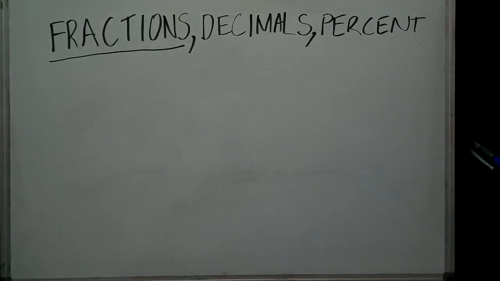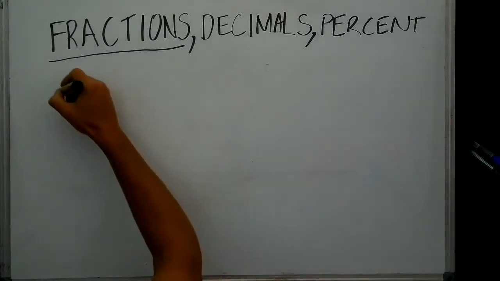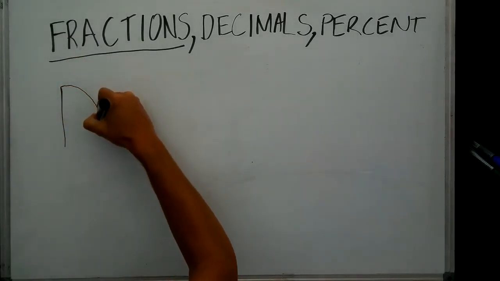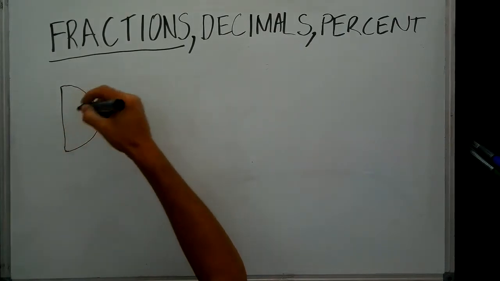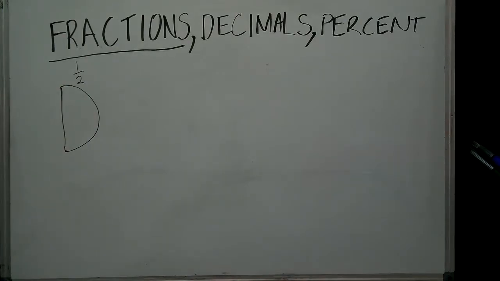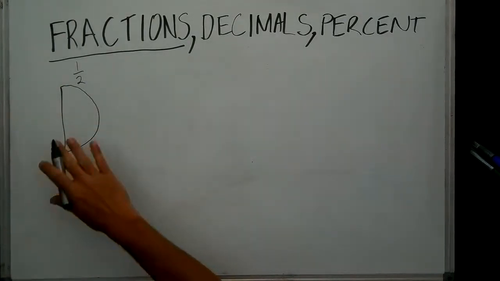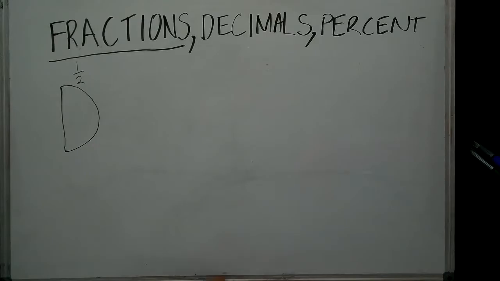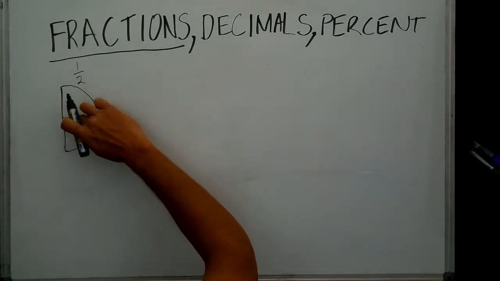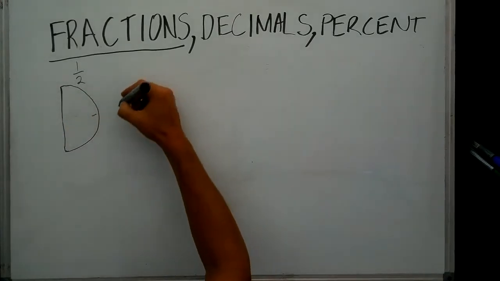It's probably worth talking about equivalent fractions as well. So for example, let's say we had half a pizza. We can cut this into smaller pieces. So 1/2. Let's just draw it again.